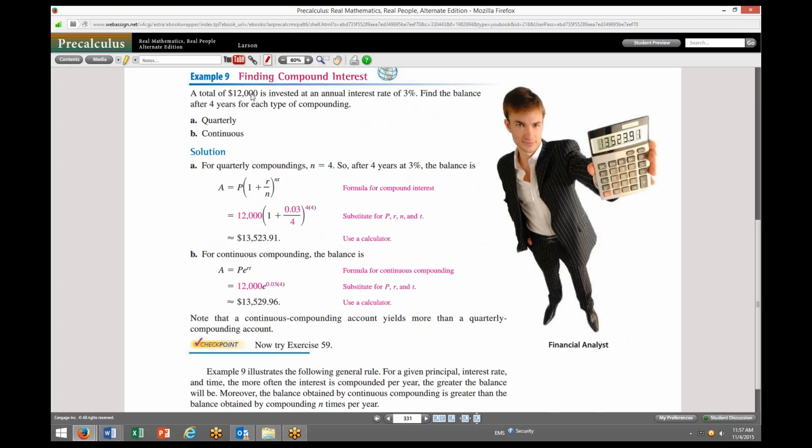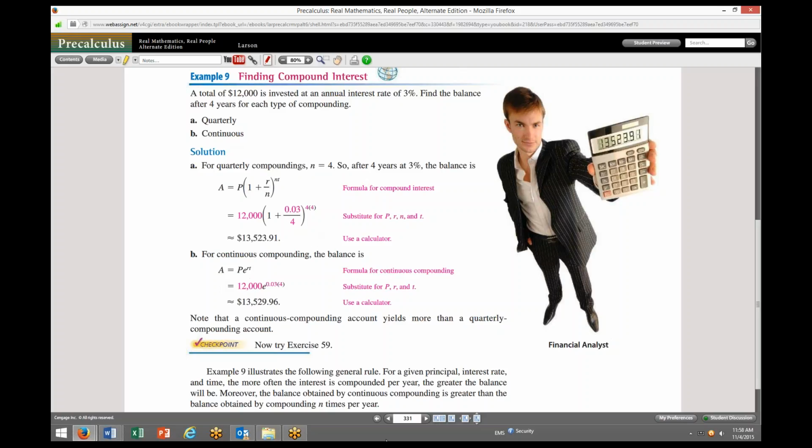Principal is $12,000, annual interest rate 3%. After 4 years of continuous compounding, what's the account balance going to be? Well, the formula is A equals P times e to the rt. $12,000 is invested, so P is 12,000. Little r and little t: annual interest rate of 3%, as a pure decimal, gives us 0.03.